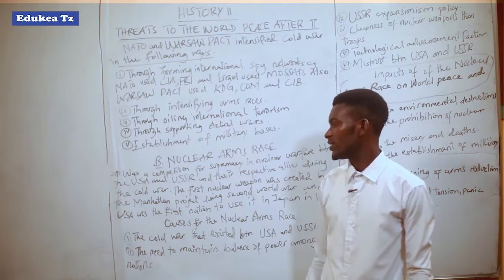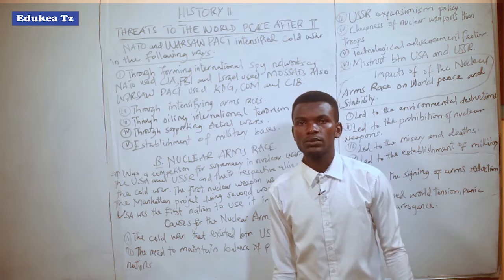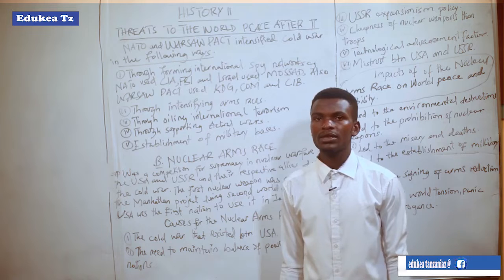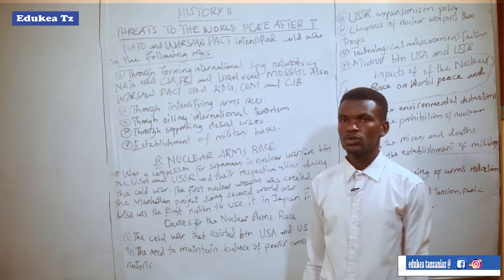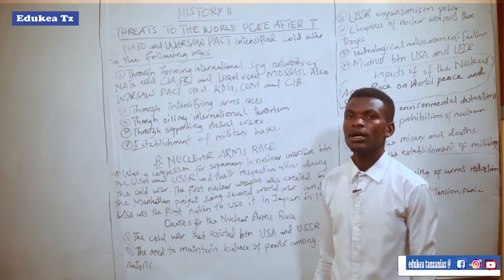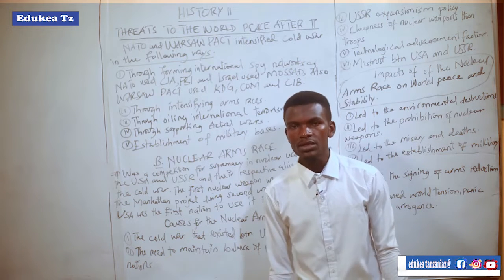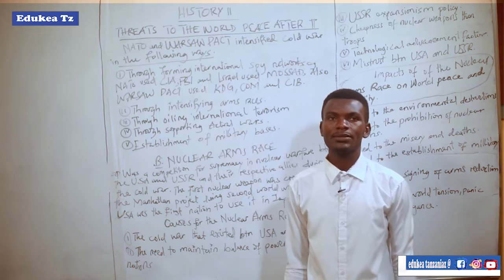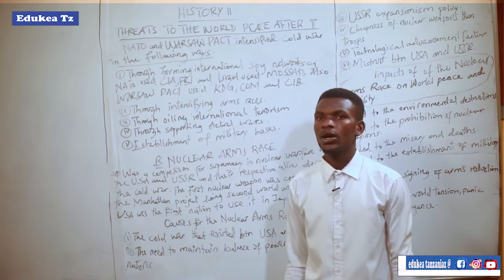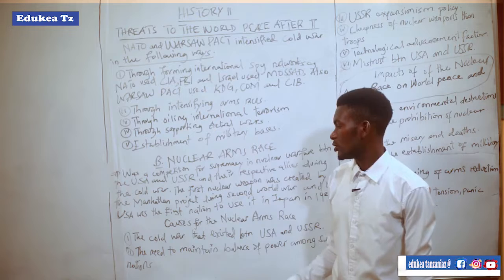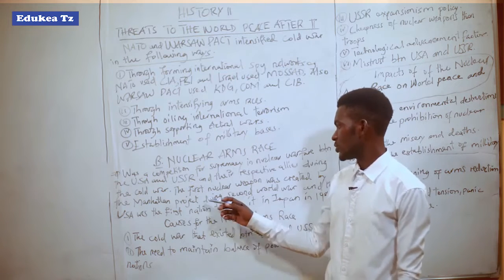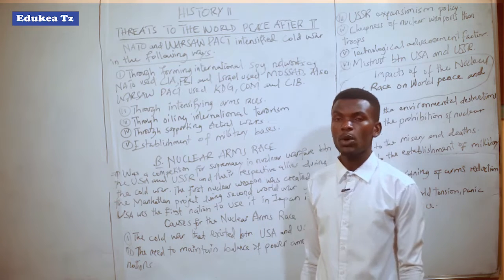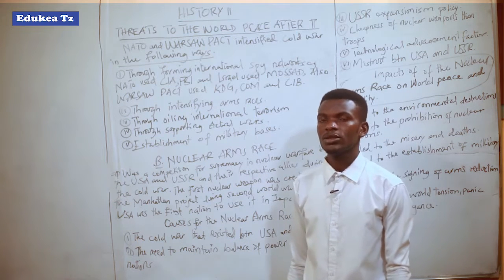For example, the first nuclear weapons were made during the Second World War under the Manhattan Project of 1942, and were first used by the USA in Japan in 1945, following the Pearl Harbor attack by Japan in Hawaii in 1941. The USA dropped the atomic bombs on Nagasaki and Hiroshima.